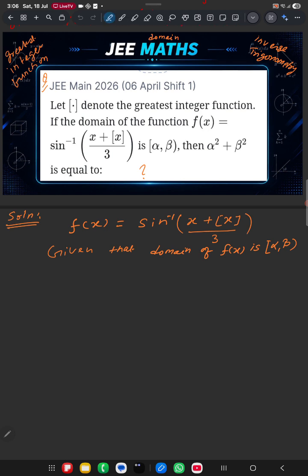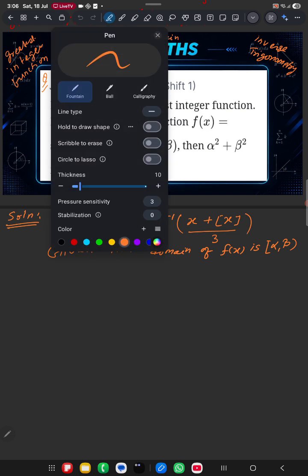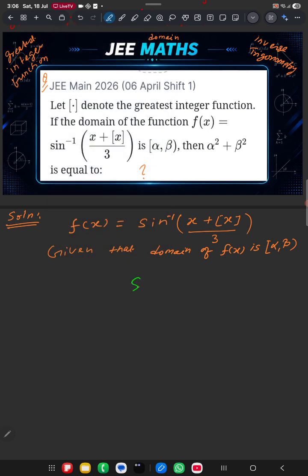First of all, you know that for the function sin inverse x, the domain is that x lies between -1 and 1.